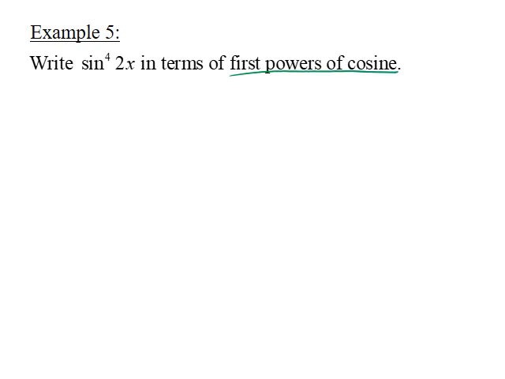Now what this means is you want this to end up being something with cosine in it. Okay, and there can be a lot of them, but cosine cannot be raised to any power other than 1. Okay, so we need to work towards cosine. All right.